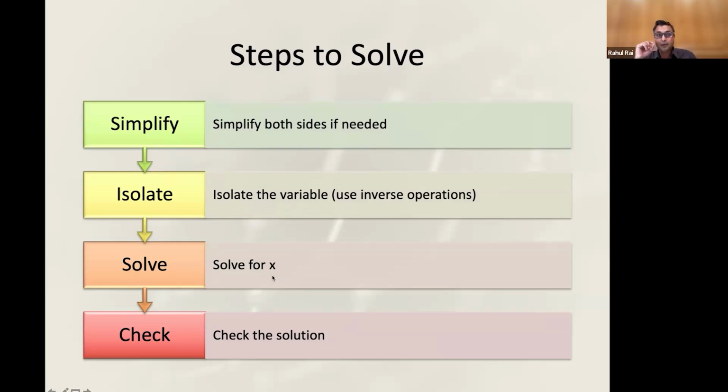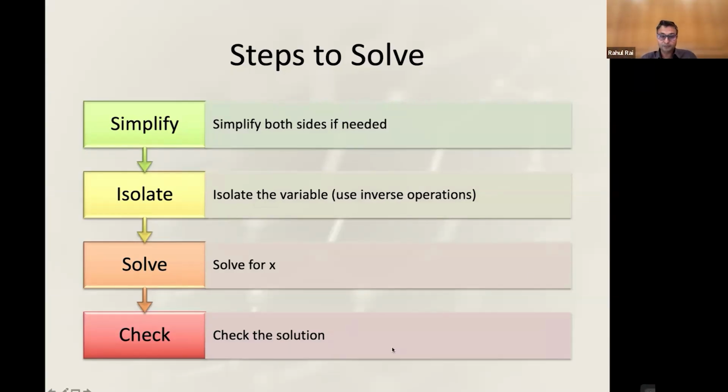One important thing, not necessarily only in linear equation one variable, in any math problem that you're solving in SAT or in general in any of the subjects that you're taking, is you always want to check your solution. And this is one of the things that most of the students do not do. They solve the problem, but they do not check their solution.